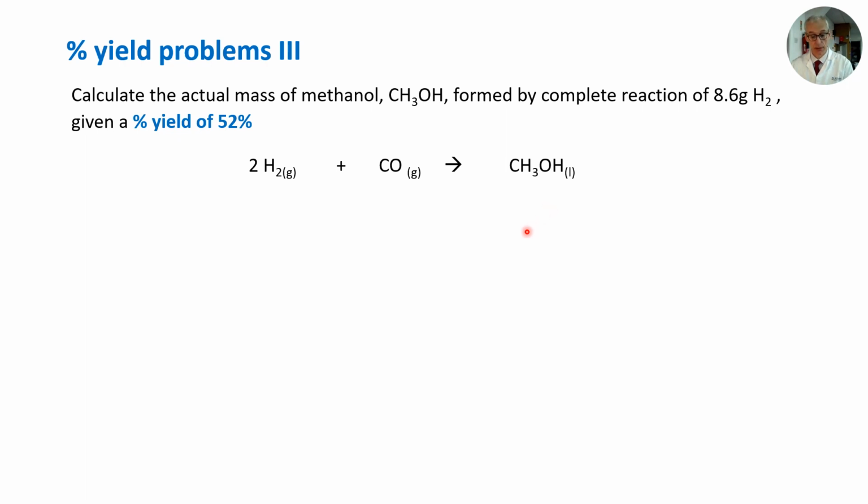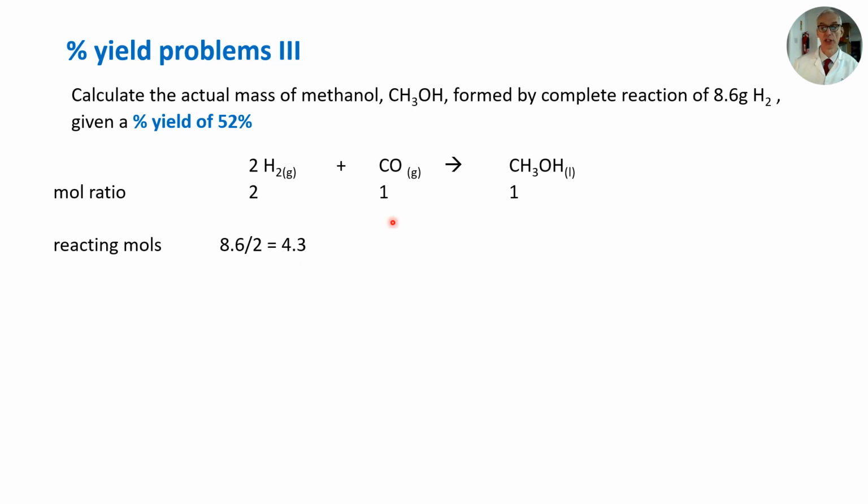Okay, so I'm going to go through my answer. First of all, of course, we've got a 2-to-1 reacting ratio of moles in the stoichiometry, the balanced chemical equation. So 2 moles of hydrogen react to form 1 mole of methanol. We need to know how many moles of hydrogen were actually reacting.